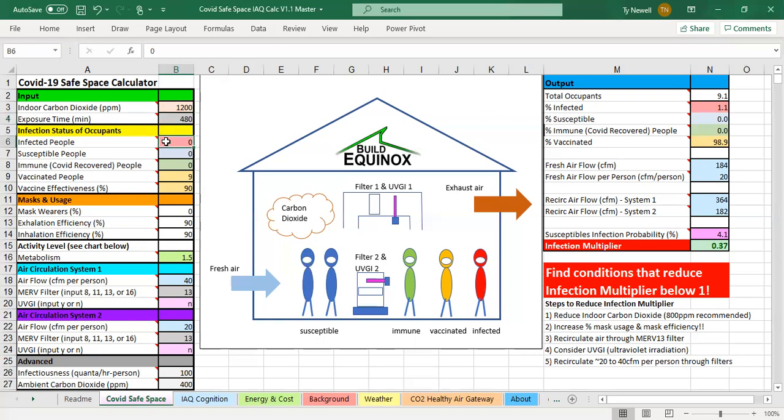So let's put in an infectious person, and let's say that nobody has been vaccinated or recovered yet, and maybe this is like an office space environment with 11 people.